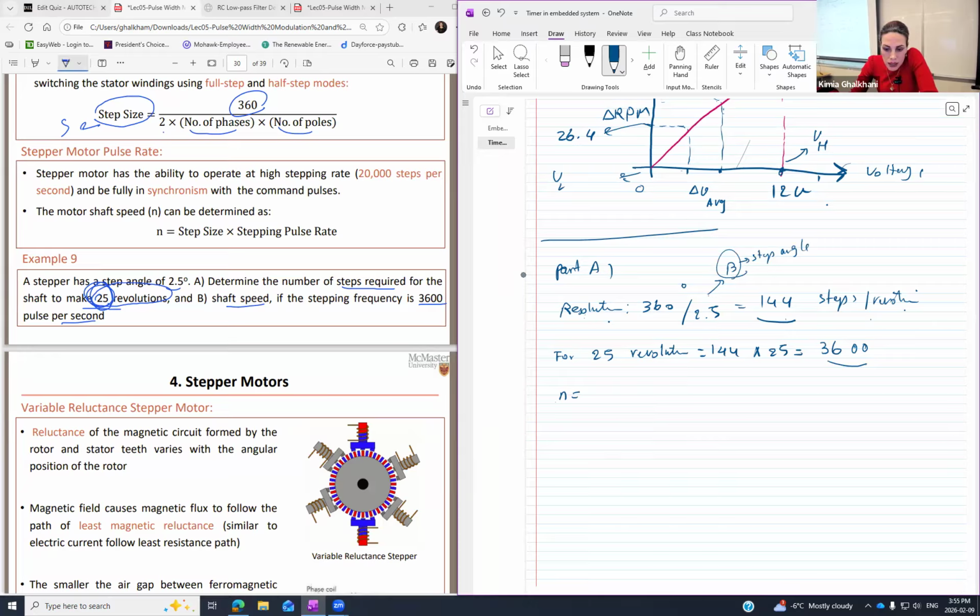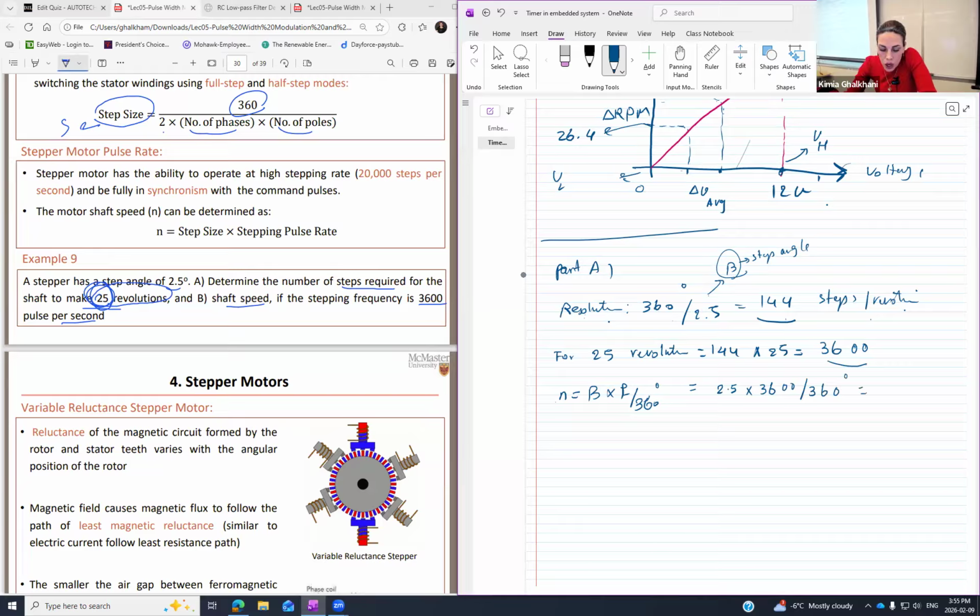Then N is beta, which is the step angle, times the frequency, divided by this 360. Then I already have the beta, the step angle is 2.5, times 3,600, divided by 360 degrees.